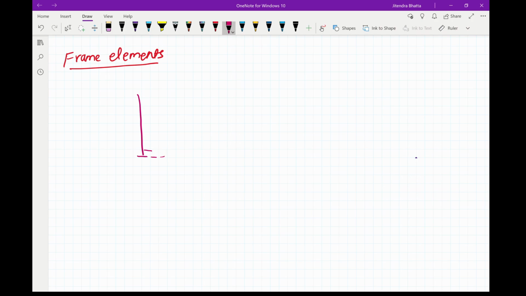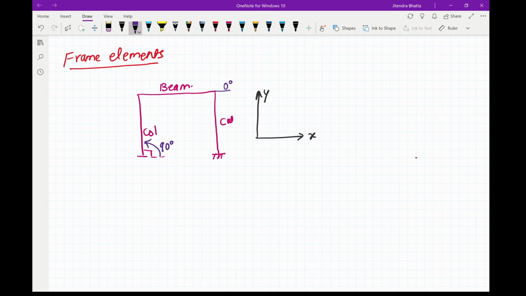Now the frame elements can be column or beam, where column you'll see that it is oriented perpendicular to the horizontal axis, and you have your beam which will be oriented in the direction of your horizontal axis. If this was our reference axis, now the angle that is made by column with the x-axis will be 90 degree, and of the beam will be 0 degree.